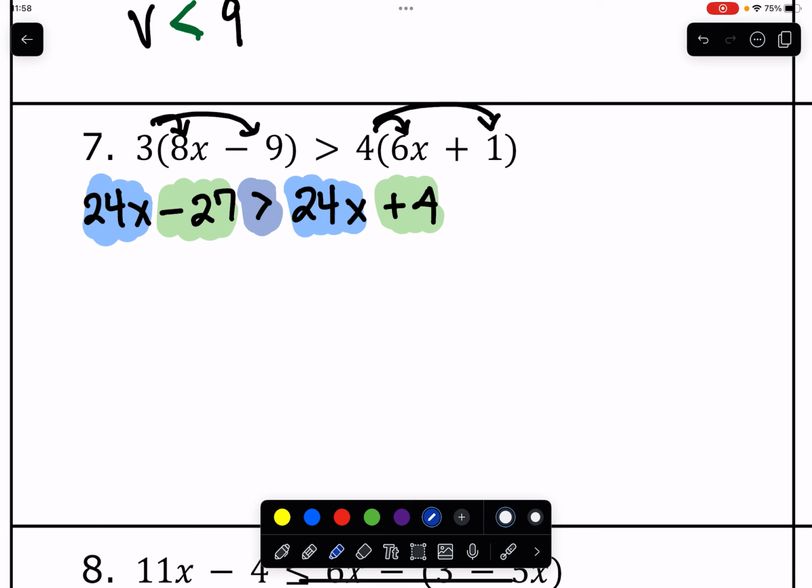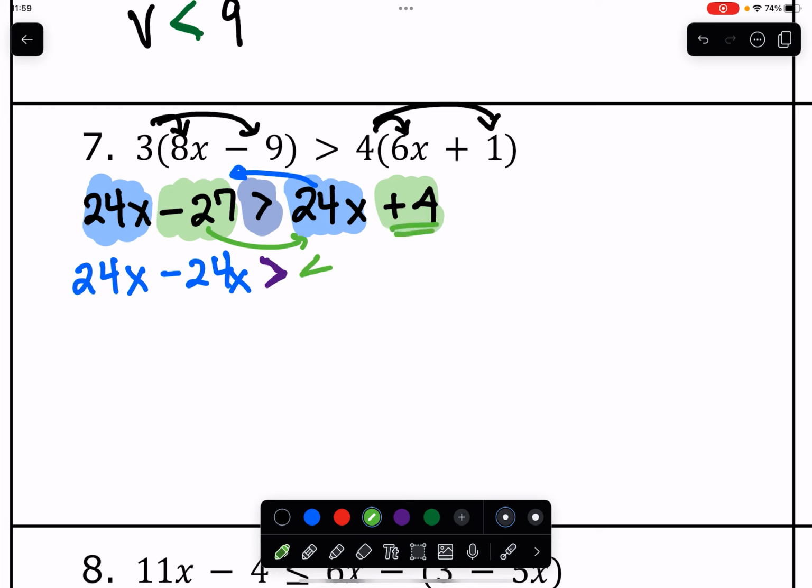So let's move things around. 24x is going to stay on the left side. This 24x is going to move to the other side, making it negative 24x. Our inequality is going to still stay right here. And then the 27 is going to move to the other side. So this 4 stays positive, but this 27 changes from minus to plus.